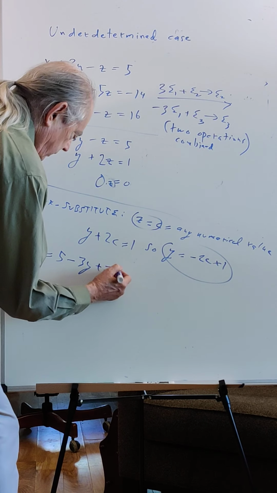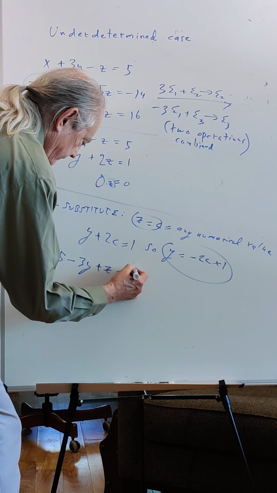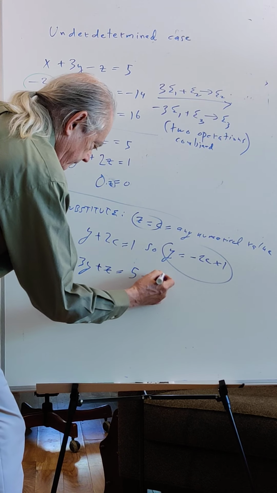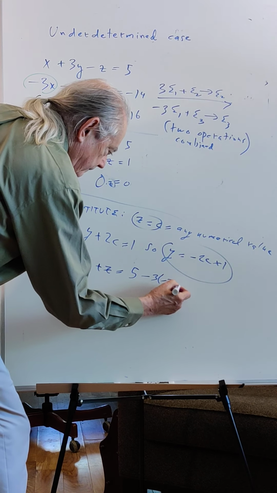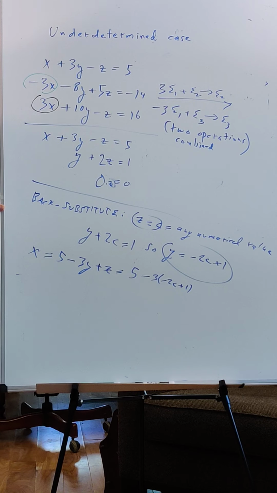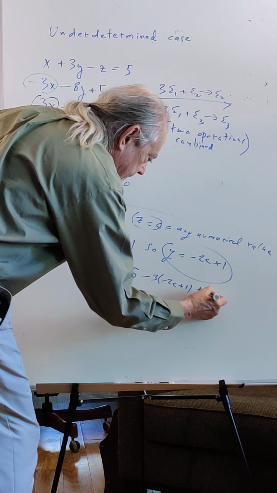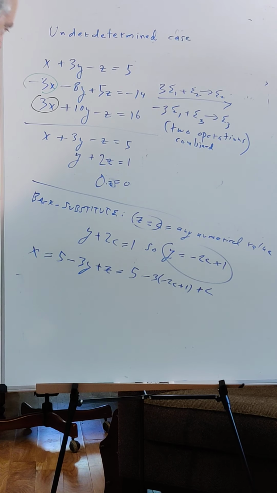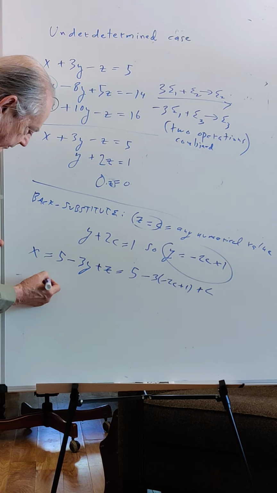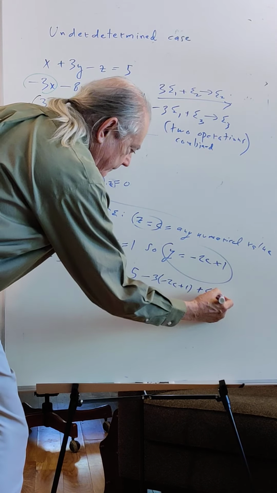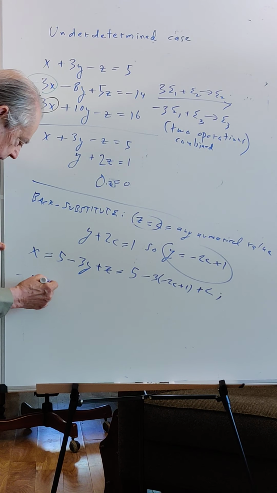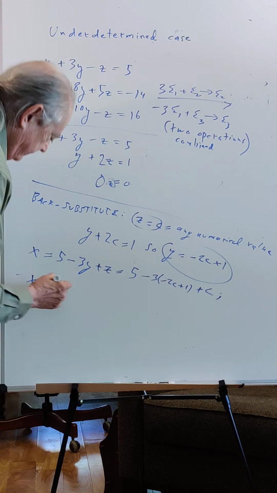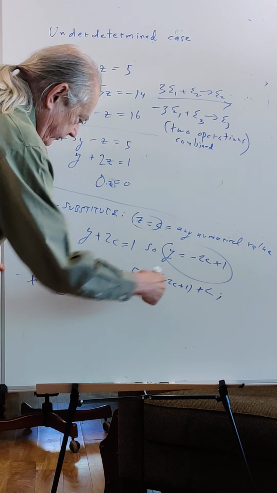So here's the value for y. And here's the value for z. And what we want to do now is simplify this expression using our distributive law. So continuing, x is 5. Now use your distributive law.